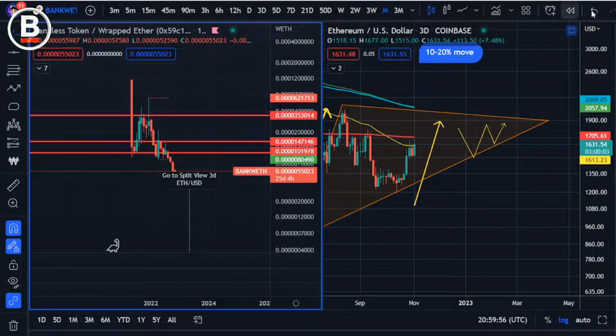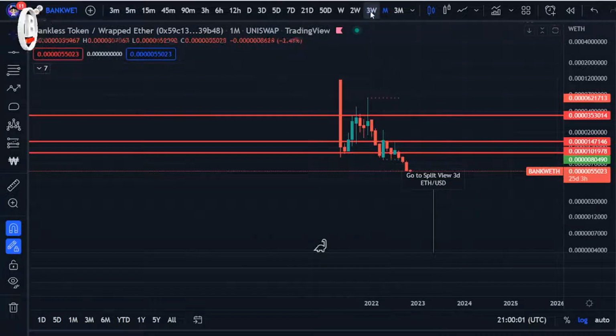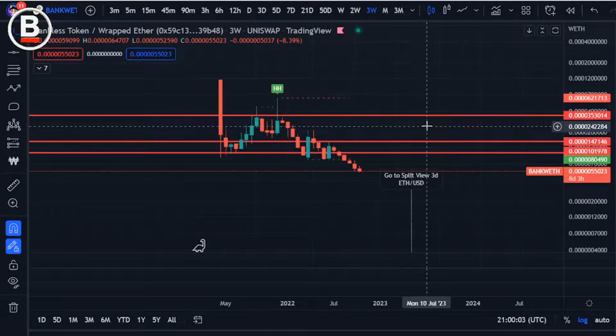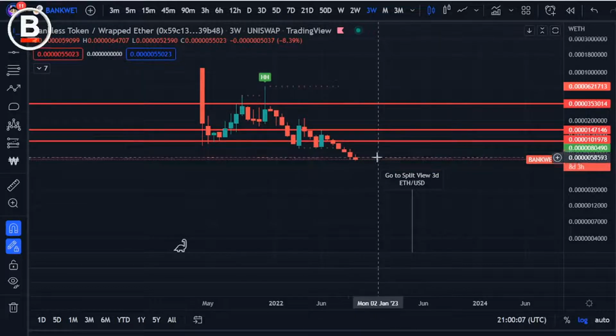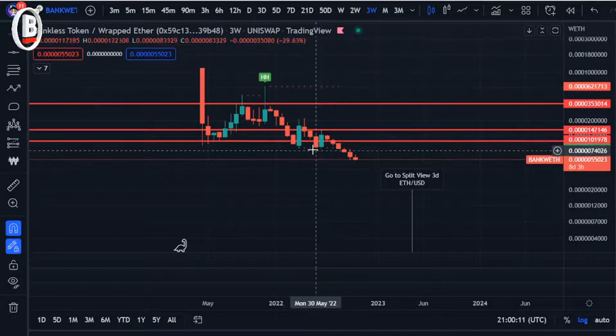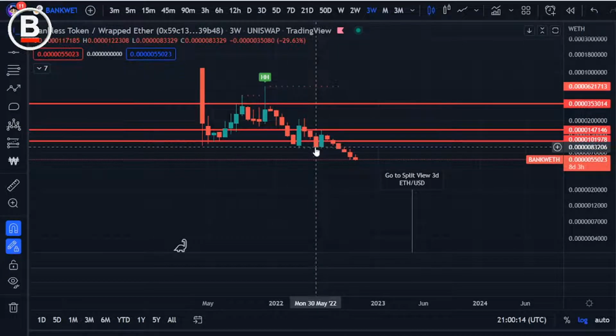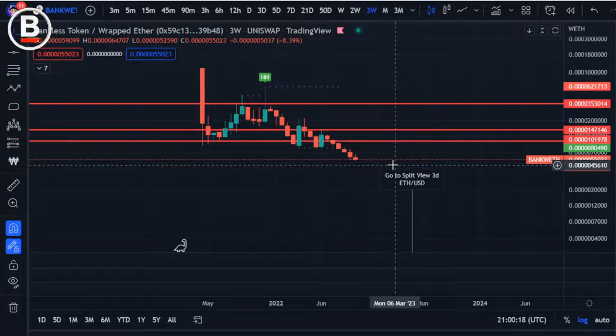If we go back to our bank token and we look at the 3-week chart, what we expect to see is some type of bottoming pattern where we start getting some green candles.